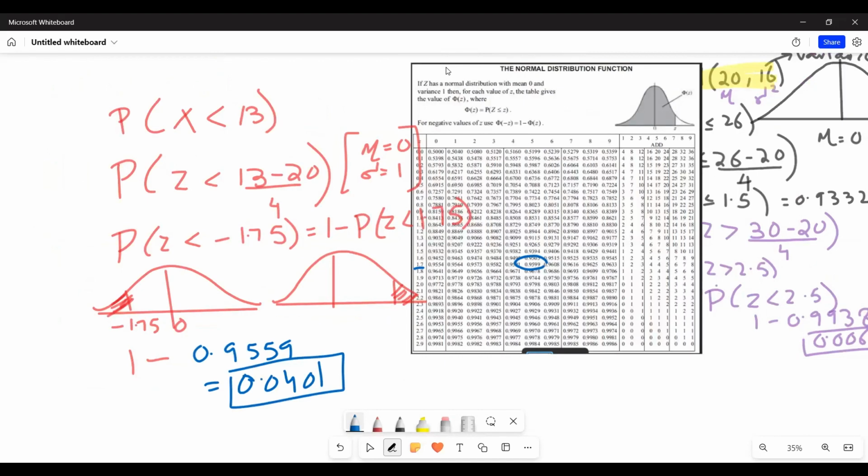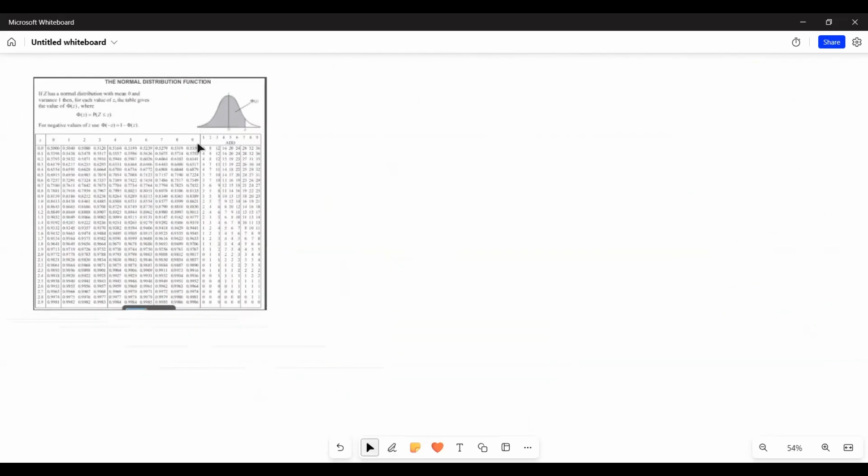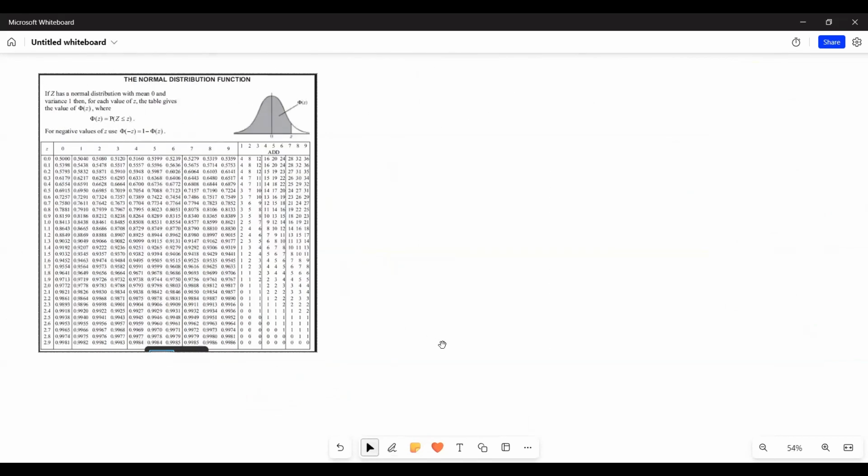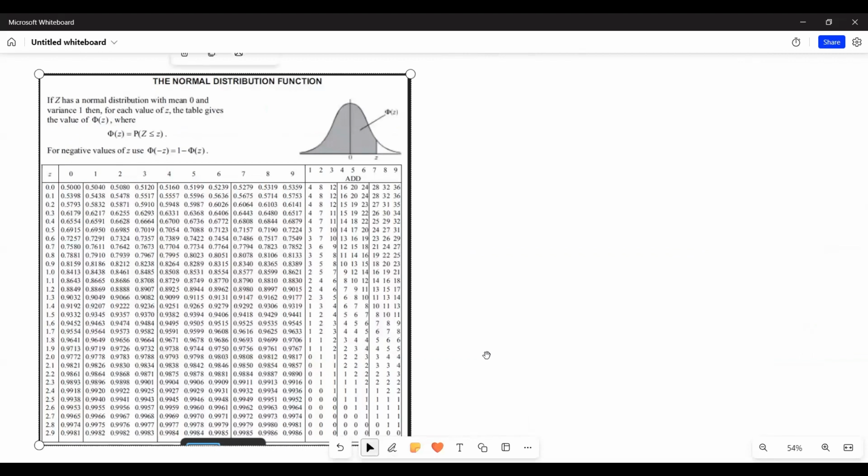Another example. Which is, let me just copy the table again. Okay.